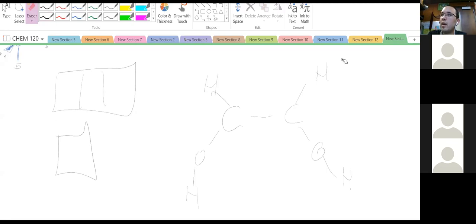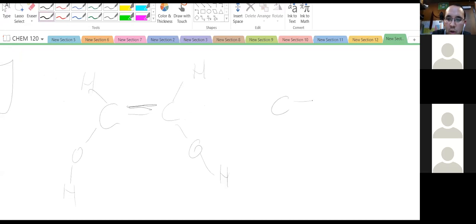Okay? I see. But that's different than if we had a double bond. If we have a double bond here, now you can't spin on that far side, and so you would have two distinct molecules. One where you have the oxygens on the same side, and another where your oxygens are across from you. This opens up new chemistries, especially in the biological field, where it's not just about what's inside your molecule, but also its shape.